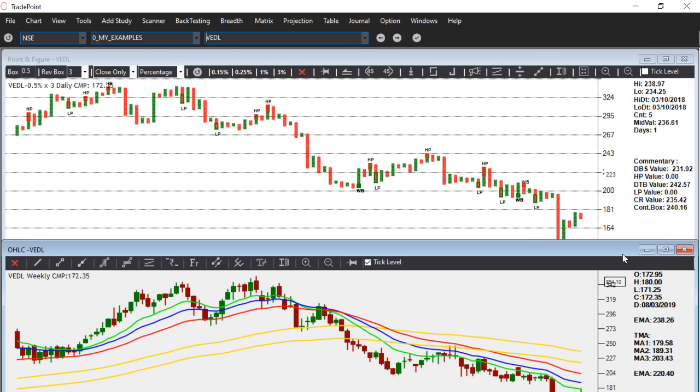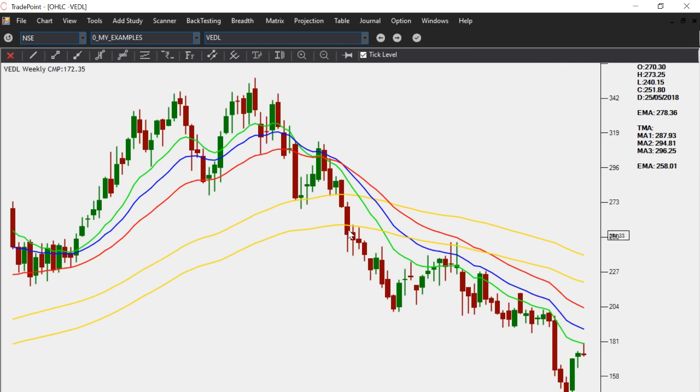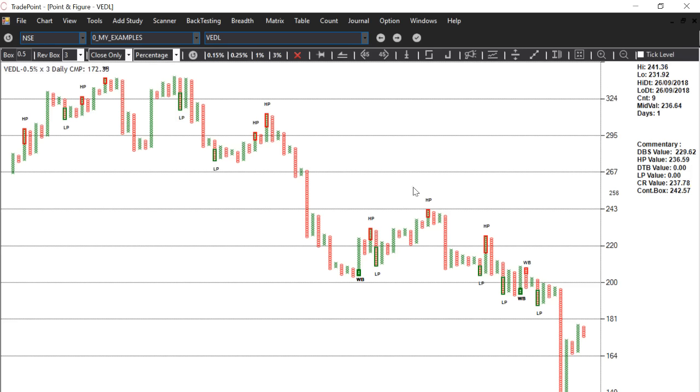This is Vedanta. We see price breaking down here. This is a candle which formed in May 2018, and after May 2018 we can see, here it is, from this we get big moves in the downside. Even this 4 column triangle breakout, we see it is 58 boxes.